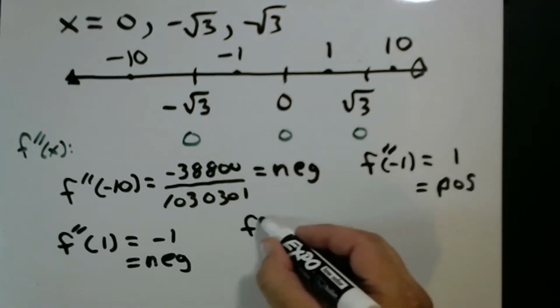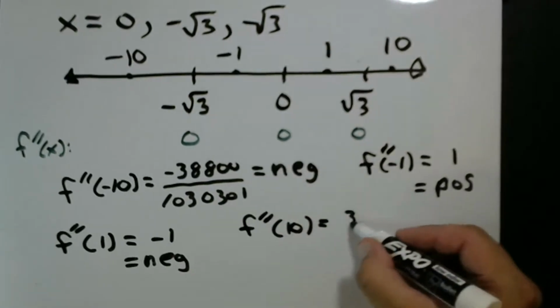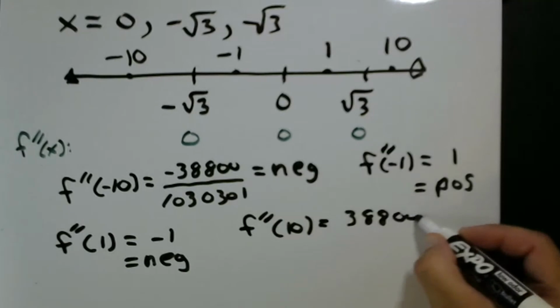And then f double prime of 10, we're going to get a positive fraction.